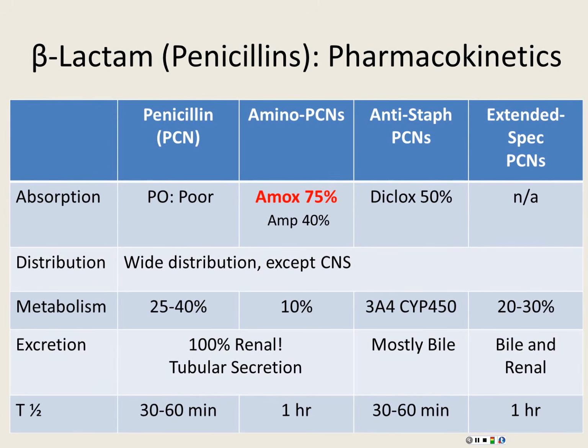Other things that I wanted to point out here, most of the penicillins are excreted renally. They're mostly not absorbed. They mostly have very wide distribution except for into the CSF. And then the one that's doing its own thing within these different classes of penicillins is the anti-staph penicillins.